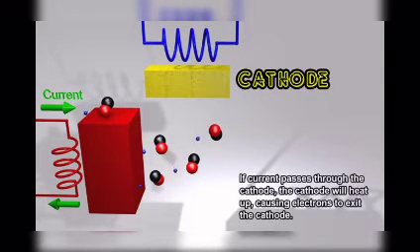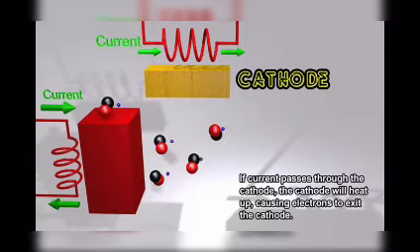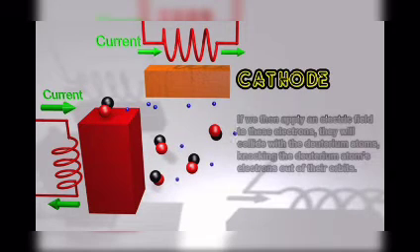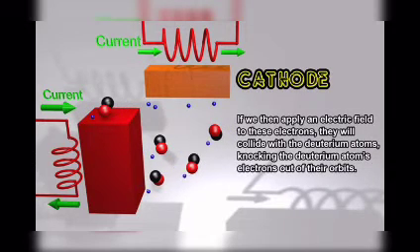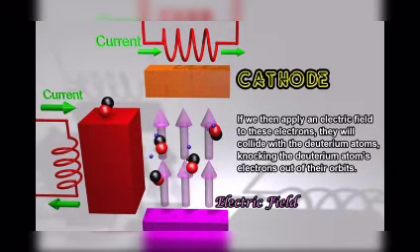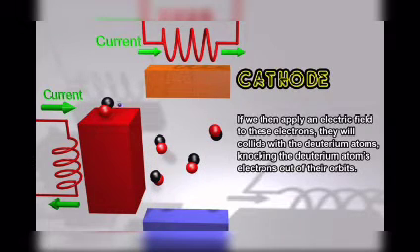If current passes through the cathode, it will heat up, causing electrons to exit the cathode. If we then apply an electric field to these electrons, they will collide with the deuterium atoms, knocking the deuterium atoms' electrons out of their orbits.